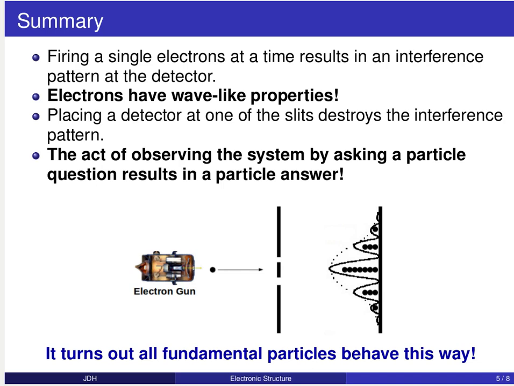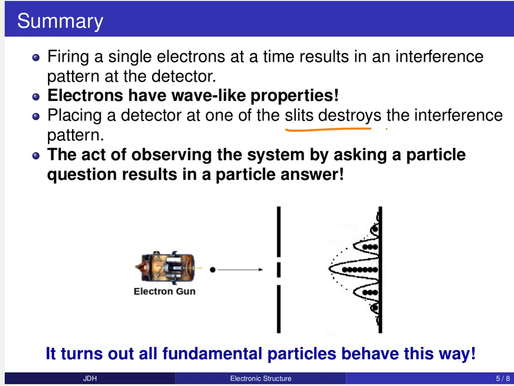Okay, so this was a lot of strange stuff, so let's take a minute to summarize what we've observed. So we saw that firing single electrons at a time results in an interference pattern. And so our conclusion from this is that electrons must have wave-like properties. We also saw that placing a detector at one of the slits destroys the interference pattern.